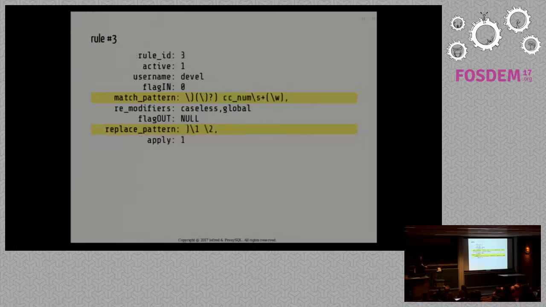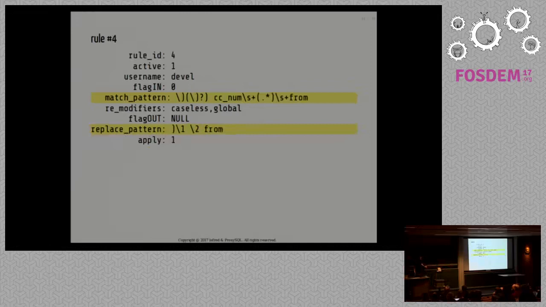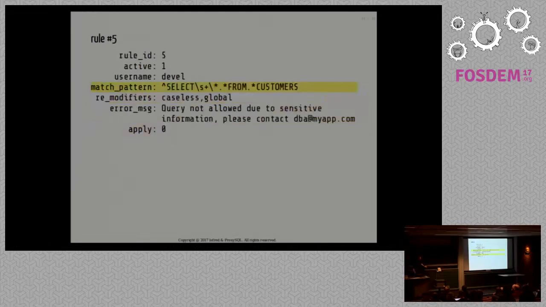Then we have extra rules again, but I won't detail them all. As you can see, it's fun. Also what we're going to do here is that if somebody does a select everything from the customer, we're just going to send to the user sending the query: that is not allowed to get that information.